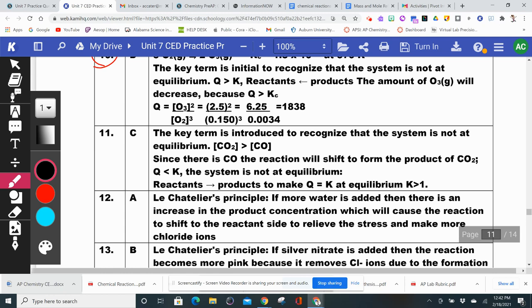That's the best explanation I can give you right now, and knowing that if you have a question like that on the test, you will have more information than that. The point of that question was just so that you recognize if something's not at equilibrium, it's going to move in the forward direction until it gets to that equilibrium.